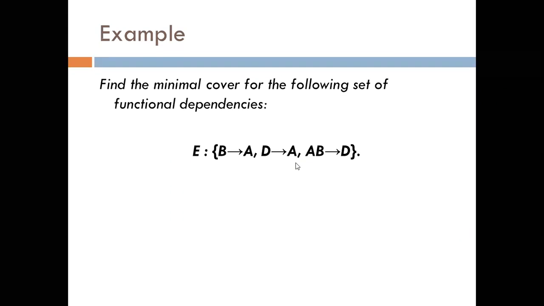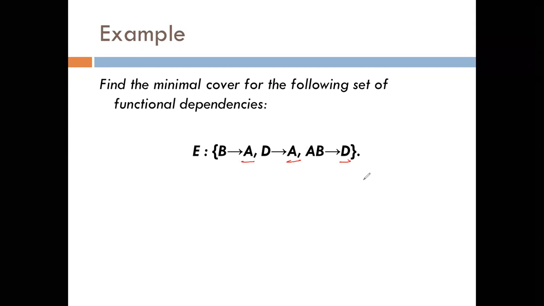So canonical means on the right hand side there is only one attribute. So if on the right hand side two attributes are there, then we have to divide it. So if you observe here, on the right side only one attribute is there.